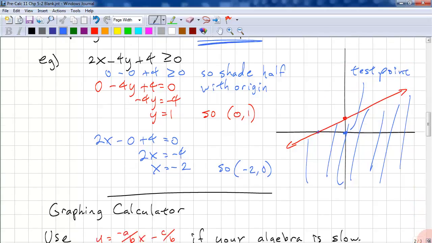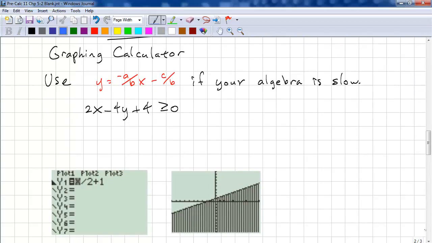Okay, let's look at how to graph with a calculator. If your algebra is slow, you can just use the formula. Otherwise, do it algebraically. We want to move everything over to the other side. Minus 4y is greater than or equal to minus 2x minus 4. Y is less than or equal to 1/2 x plus 1. So we divide by negative 4. This becomes positive 1/2. Divide that by negative 4. That becomes 1.